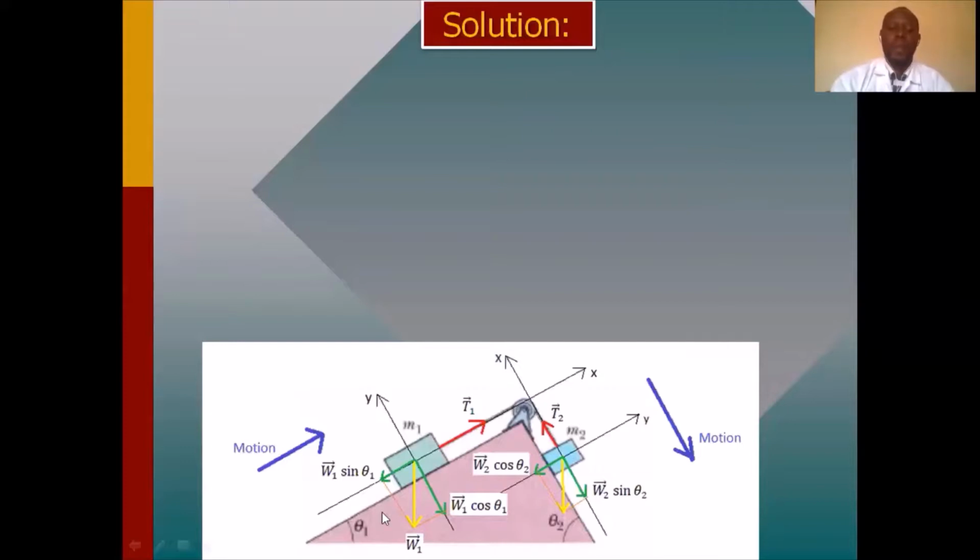Now, before the inclination, the x-axis was horizontal. So for mass 1 to be inclined at 30 degrees, the x-axis is shifted also at the same angle, 30 degrees, from horizontal to this new position.